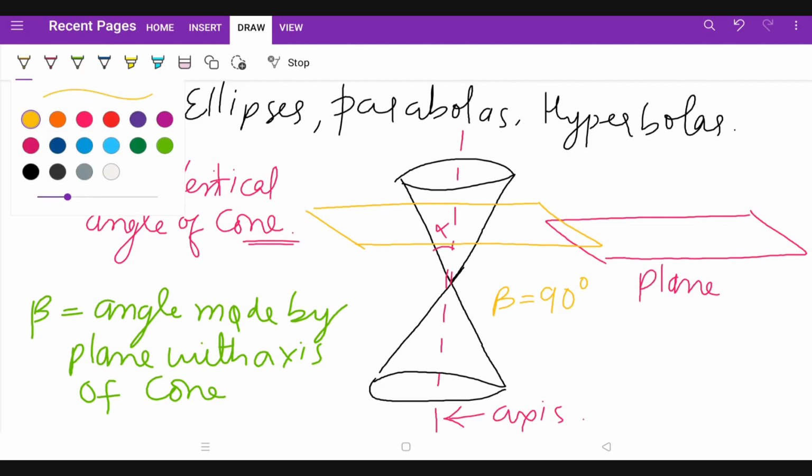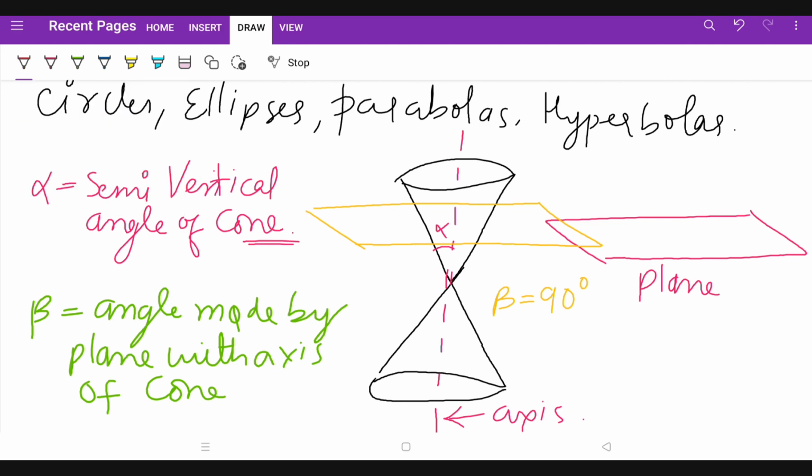now imagine what type of shape this plane will create from the top side. Do you see a circle, right? You will see a circle from the top side, correct?